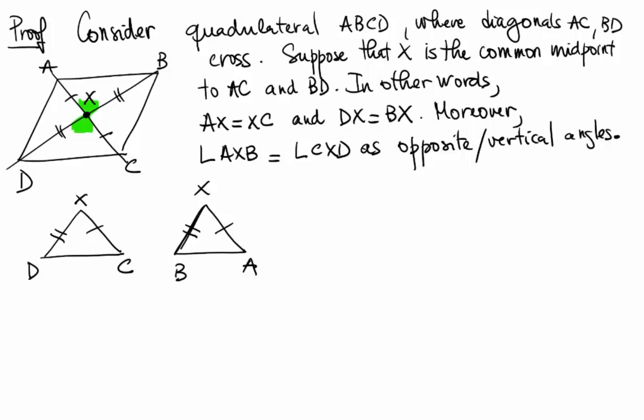Then you can see that these two triangles are congruent to each other. So what I'm trying to say here is that triangle AXB is congruent to triangle CXD, and this is by appealing to side angle side.